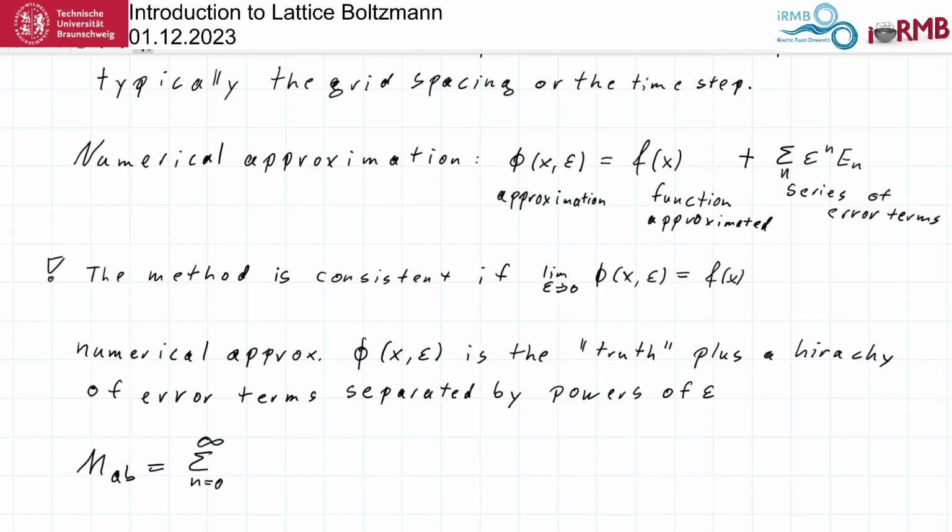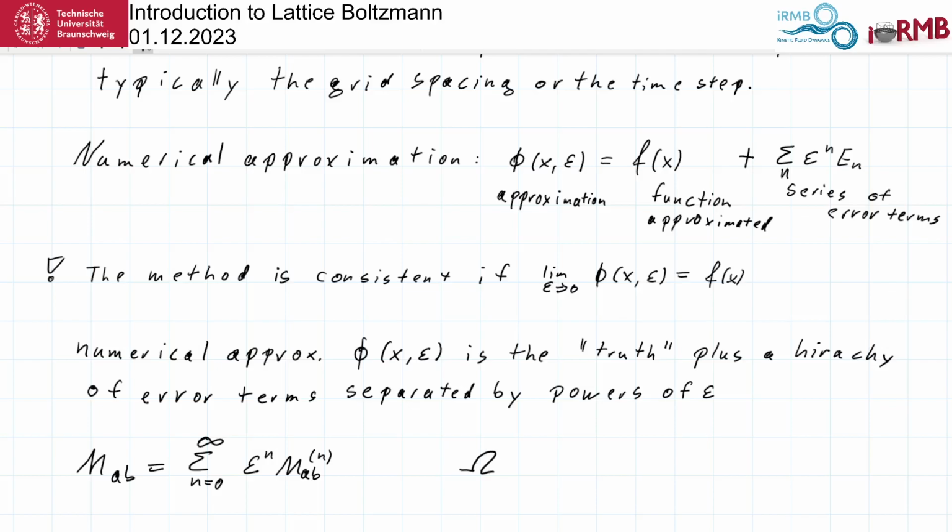So there are infinitely many error terms in the series, and they come with epsilon by the power of n. And then we write a, b, and here in brackets, nth order. Right? So we get these things, they are constant. And now we have the dependency of epsilon in epsilon by the power of n.